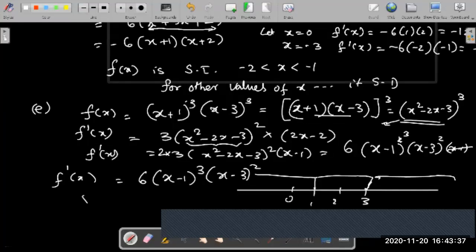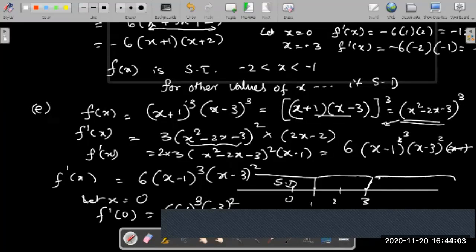Let x equal 0 because less than 1. So when I put 0, f dash 0 will be 6 into minus 1 whole cube, minus 3 whole square. So this is positive, but this is negative. So you will get minus 6, which is negative. That means here it is strictly decreasing.